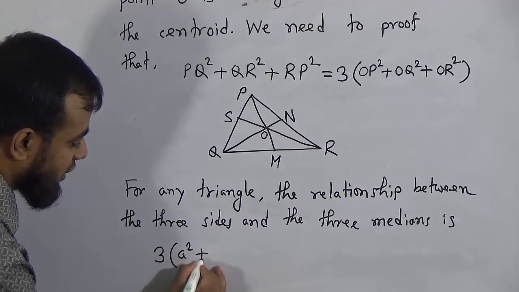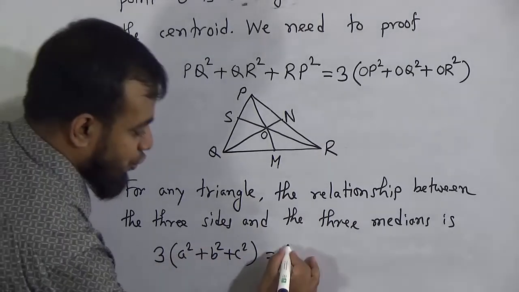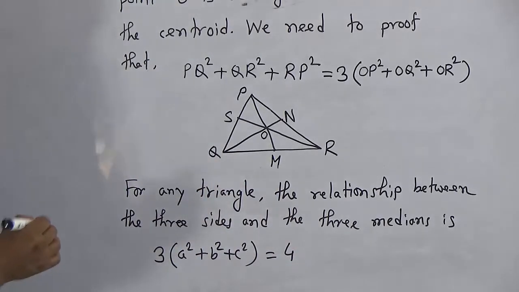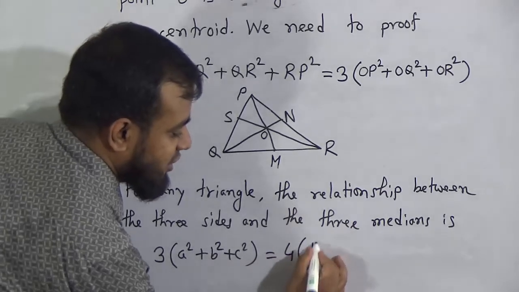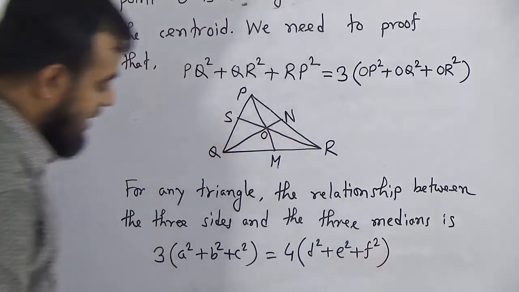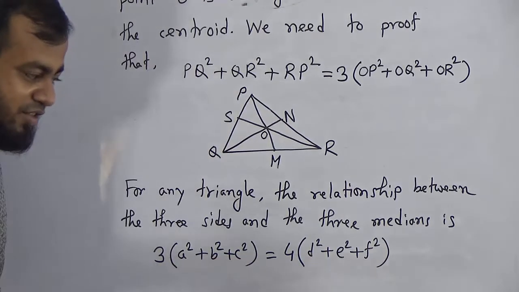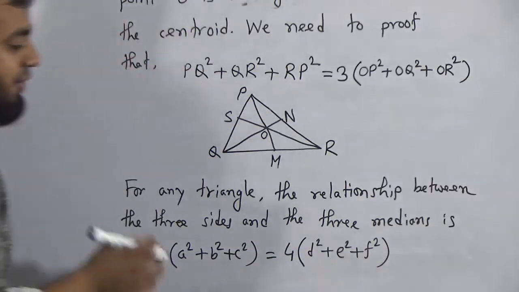That means a square plus b square plus c square is equal to 4 times the sum of the squares of the medians, d square plus e square plus f square, where a, b and c are the 3 sides and d, e and f are the 3 medians.